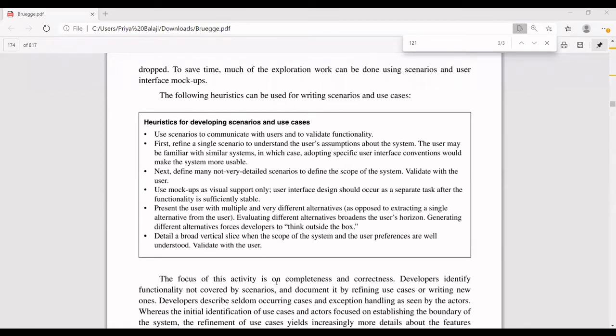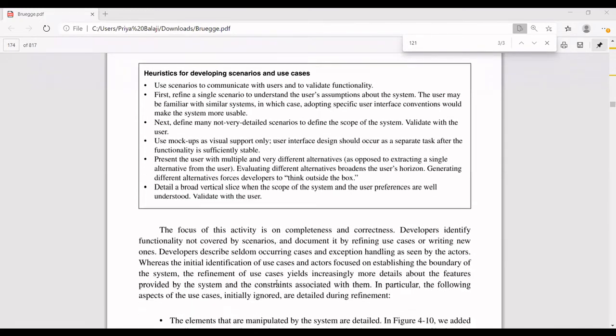That is thinking outside the box. You should not be stuck only with the requirement the client has given, but think that if this person is not able to do this, what alternative can be done. Like that, you can have many alternative scenarios, and alternative scenarios can be clubbed into use cases.